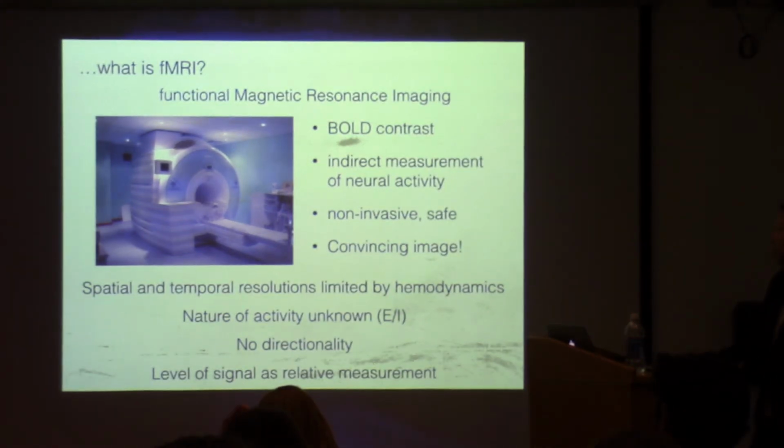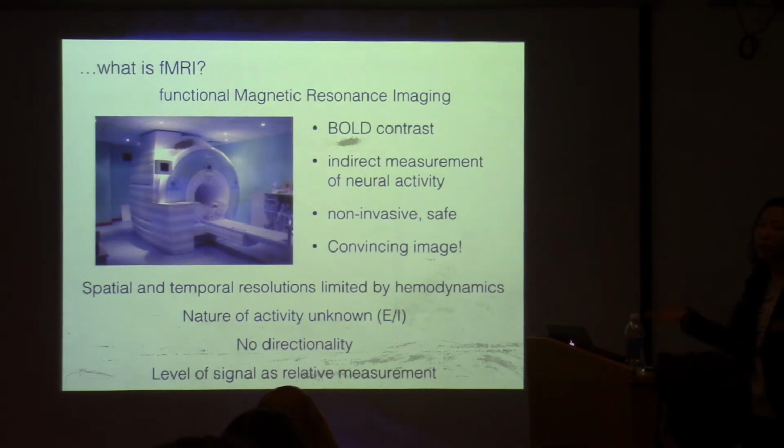And because the signal that we see as the end product of this technique is a relative measurement, if we have a global activation of the brain, this will unlikely be able to detect that.